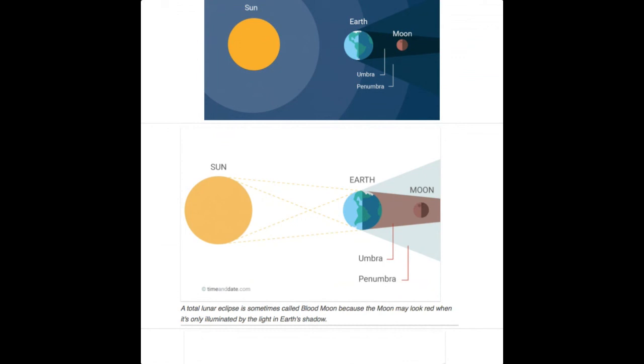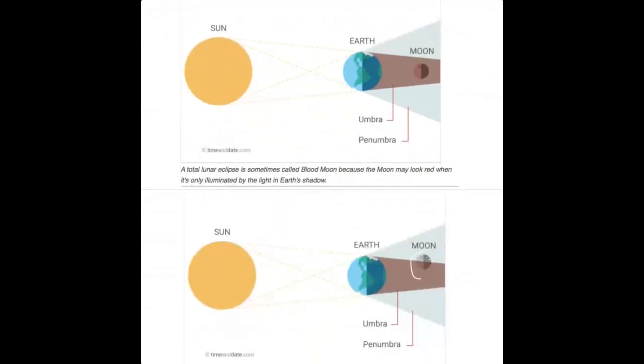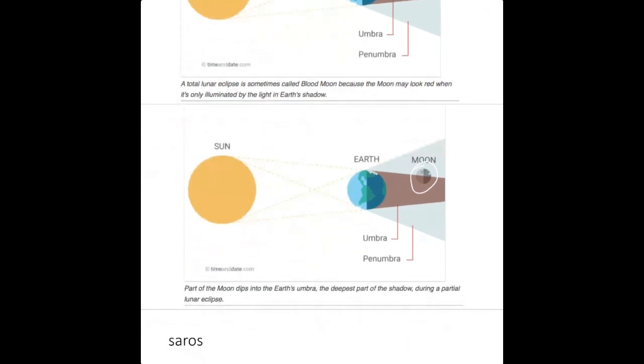Now, when the Moon is in the darkest part, when the Moon is in the umbra, then we see a total lunar eclipse. When the Moon is in the penumbra, then we see a partial lunar eclipse. Part of the Moon here dips into the Earth's umbra, the deepest part of the shadow, and so this will give a partial lunar eclipse.